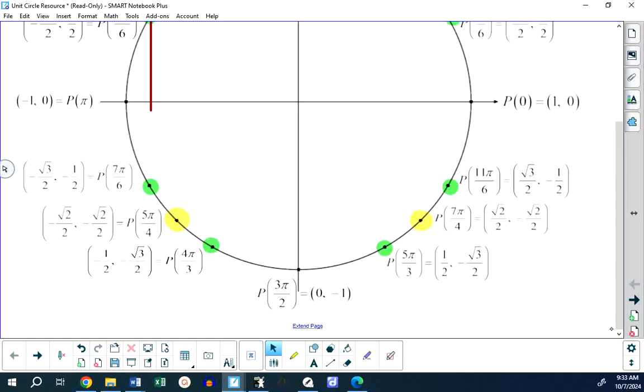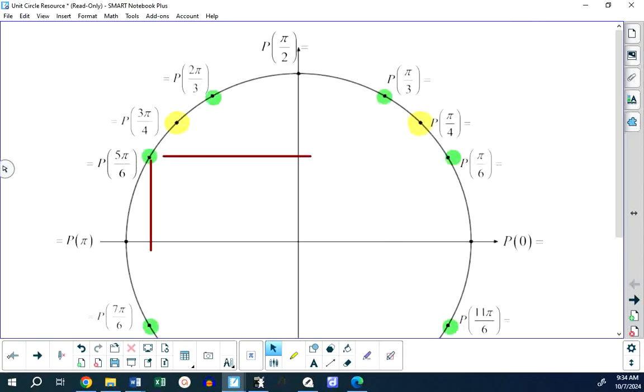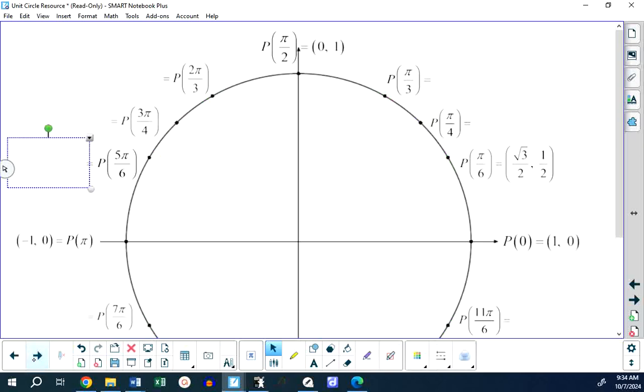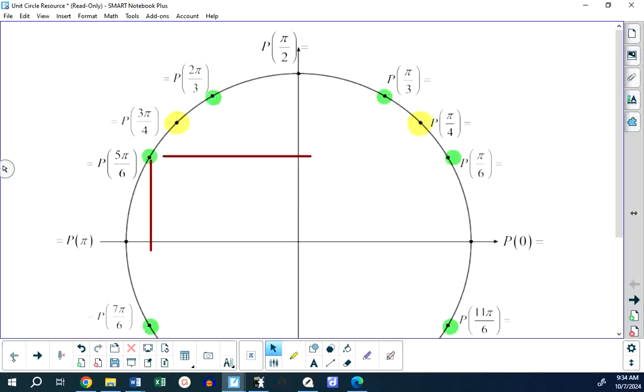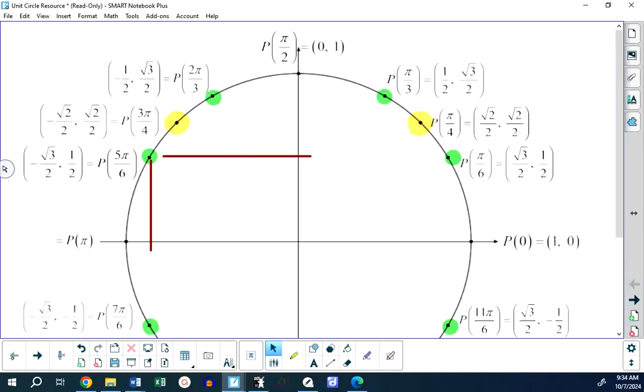And I think copying them down or just double checking to make sure that your thinking is right is a good idea. Are we okay with that? Okay.